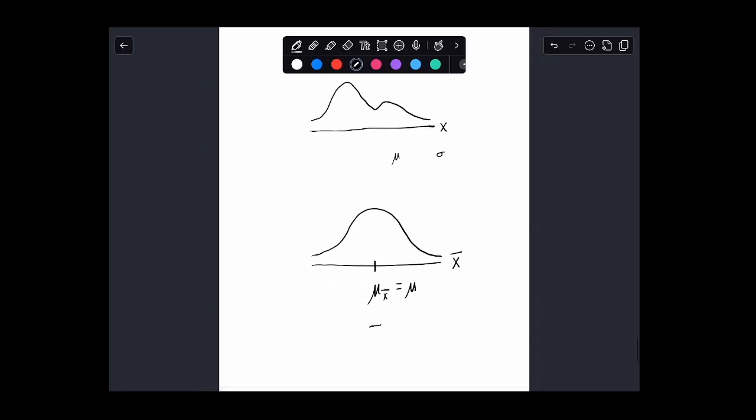Our standard error, or the standard deviation of the sample mean distribution, is not quite the same as the original standard deviation. We saw that as our sample sizes got bigger, our standard deviation got smaller, and so here we have to divide by the square root of n, which is our sample size.